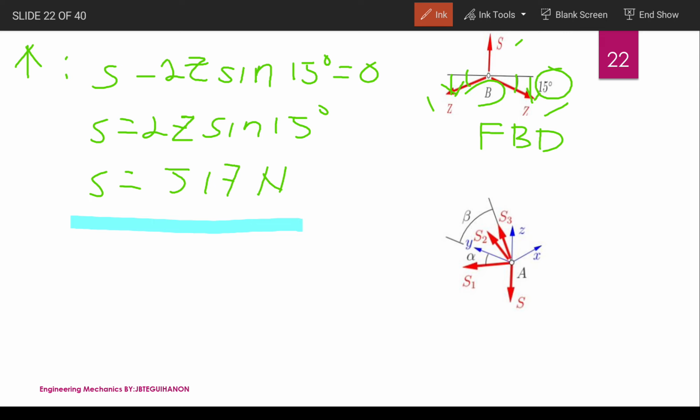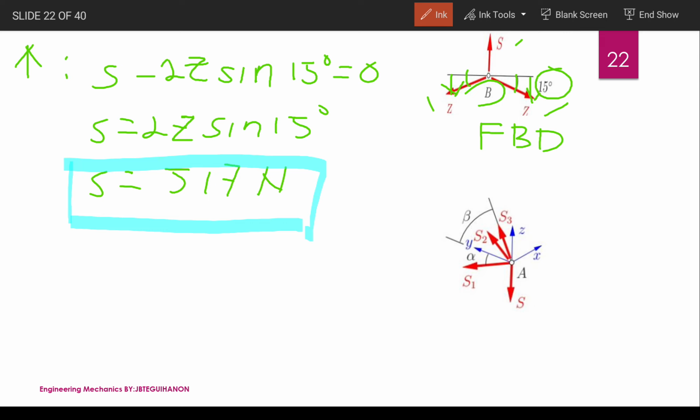Ngayon, with the now known force ng S, yung three forces in the bar result from the three equilibrium conditions at point A. So, meron ka na nito, eh. Nakuha mo na ito, eh.